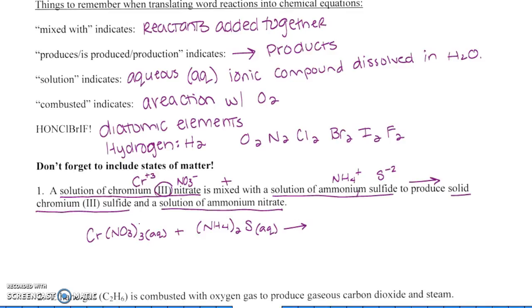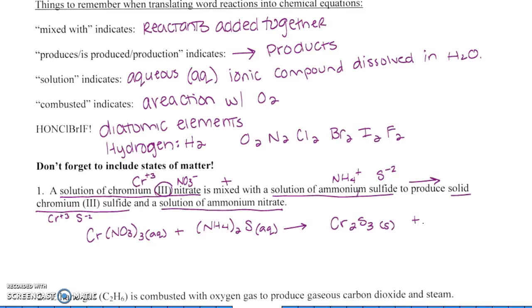Solid chromium(III) sulfide. Again, Cr+3 with sulfide with a -2 charge. So in order to balance those out correctly, Cr2S3, and they told us it's a solid, so we're going to put a little (s) in parentheses after it.